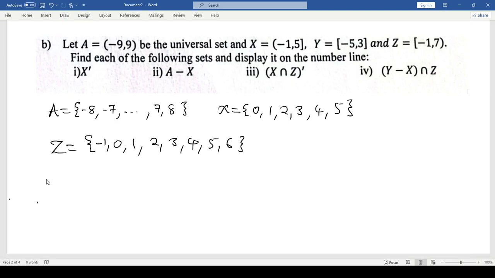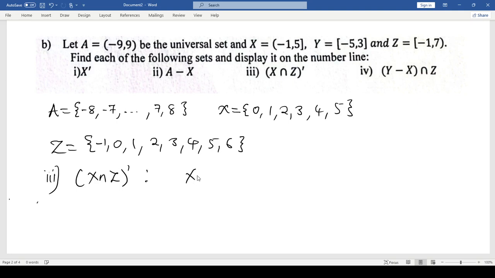Okay, so for the third one here, we have open brackets x intersection Z, complement, like this. What we're going to do first is list x intersection Z, then from there we can find the complement of that set.